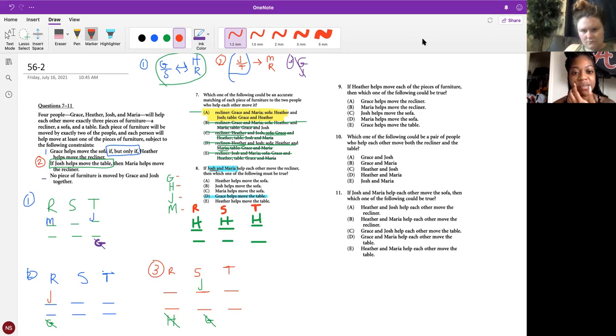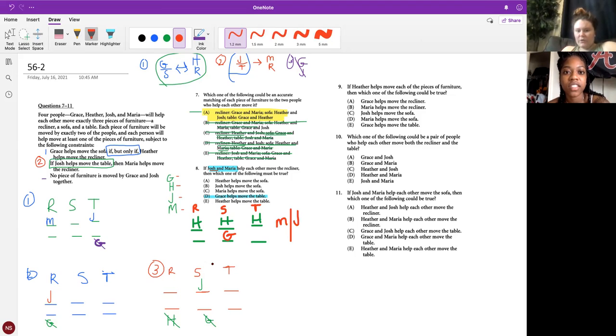I guess you could put H with R and G with S. Yeah, because if H is with R, G has to go with S. And so what are the 2 ones that we don't have figured out yet? M and J. And I don't think that it matters which one goes where, because if J goes in T, M goes in R, and vice versa. So perfect.